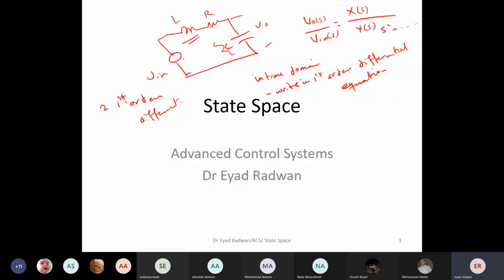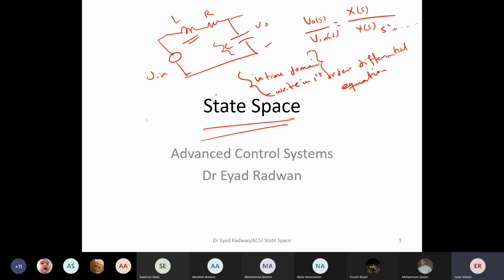Now, what's the idea behind all of this? When we are working in the time domain, in what we call the state space system, we have multiple advantages. Here, for example, we compare it with the classical way of representing the system.